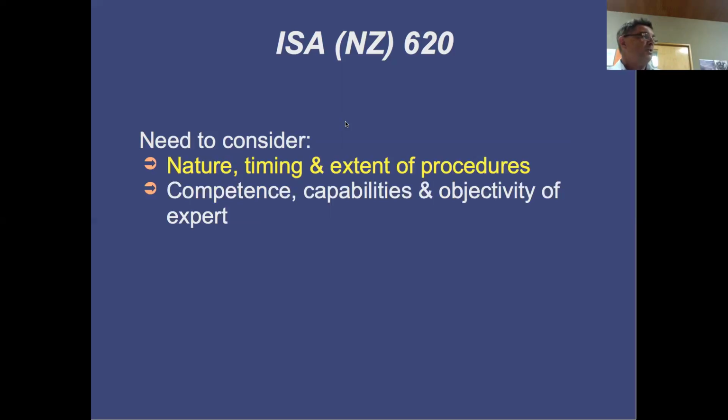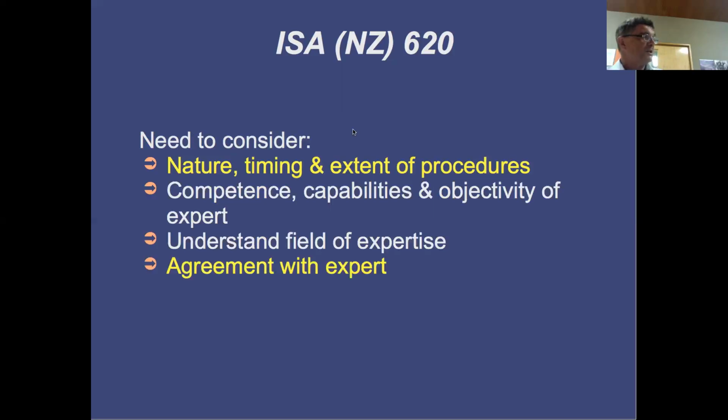Again, we have to look at the competence, capabilities, and objectivity of the expert. We have to understand their field of expertise. We have to have agreement with the expert. It doesn't have to be a written contract, but most experts will issue an engagement letter.